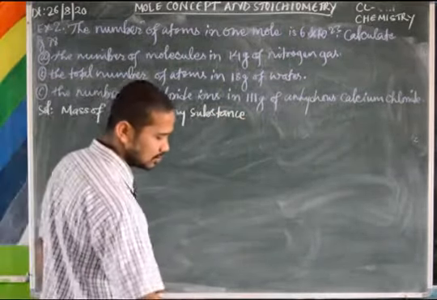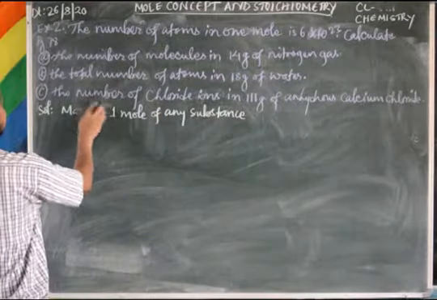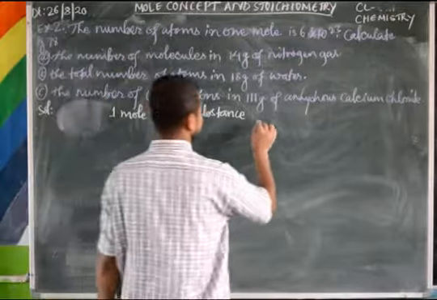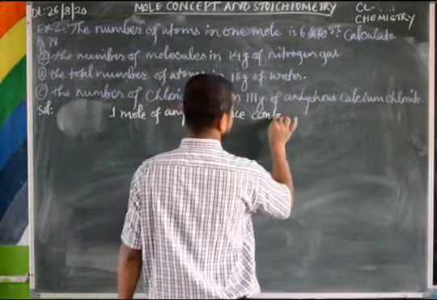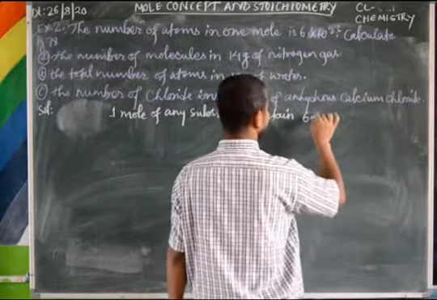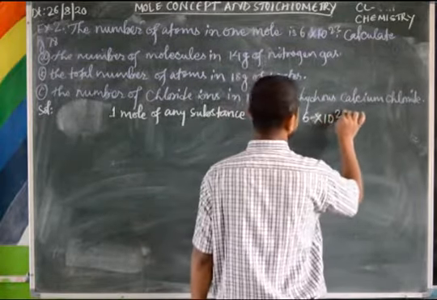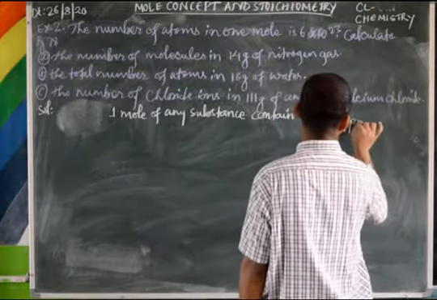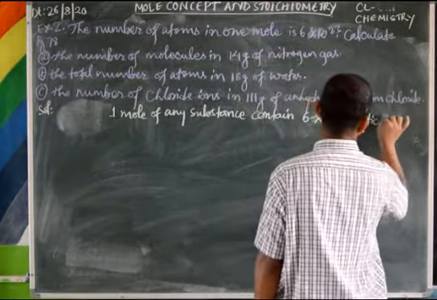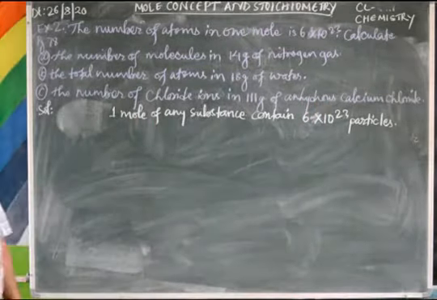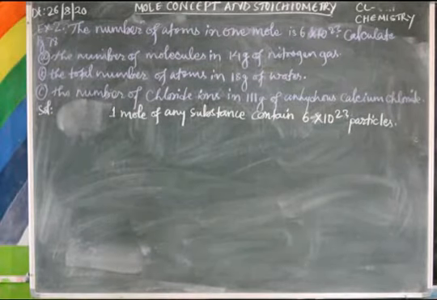Forget about mass. 1 mole of any substance contains, roughly you can write, 6 into 10 to the power 23 particles. This we know. 1 mole of any substance contains 6 into 10 to the power 23 particles.